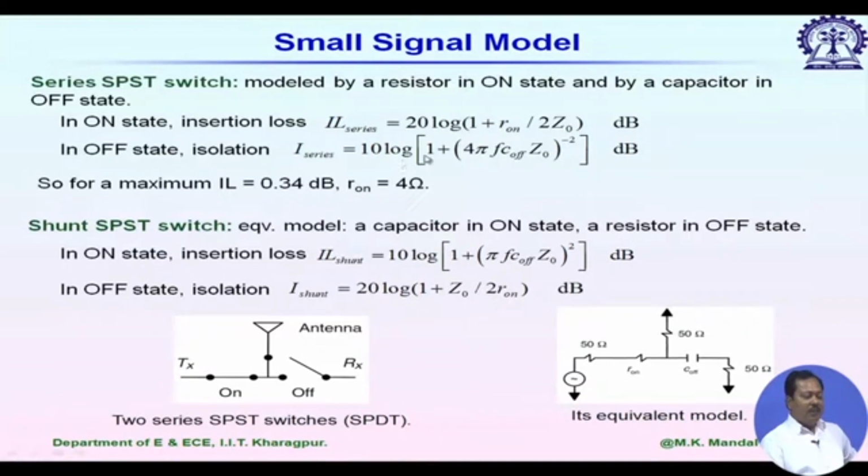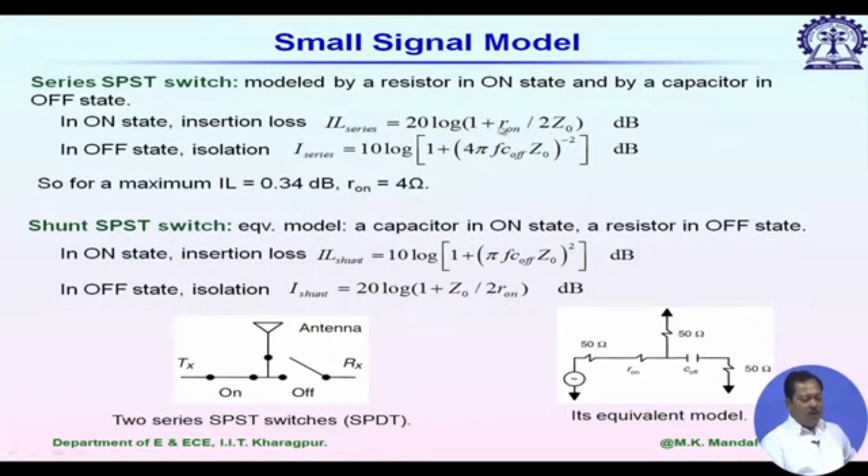So, we have actually one half term, one square term here, because of that the 20 log becomes 10 log. A typical example is a maximum insertion loss of 0.34 dB for R on equal to 4 ohm.